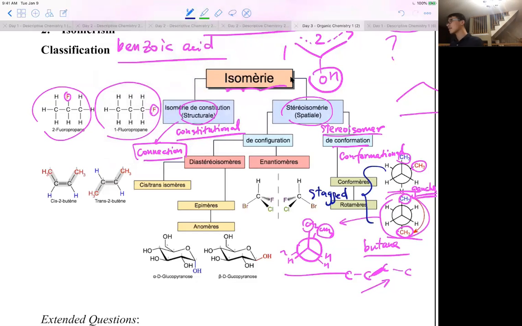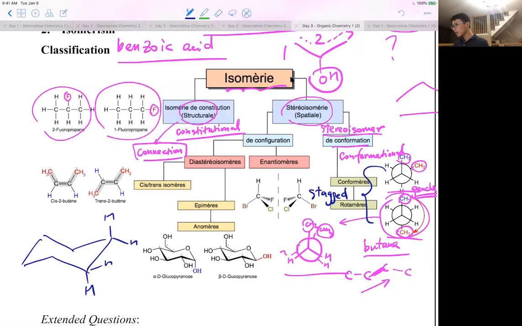And now it makes sense because the question in the USNCO Local 2019 asks why cyclohexane is stable. The first statement mentions the bond angles are close to 109.5. Obviously, this is correct. The second option is that all of the hydrogens are staggered.